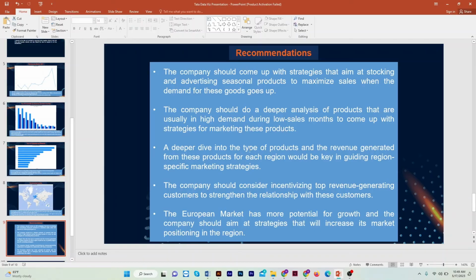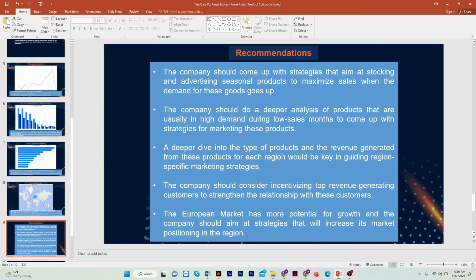So the company should try to find out if certain products have more demand in certain regions, since this can guide the company to come up with marketing strategies for regional based products, or region-specific marketing strategies rather. The fourth recommendation is that the company should also consider incentivizing these top performing customers.